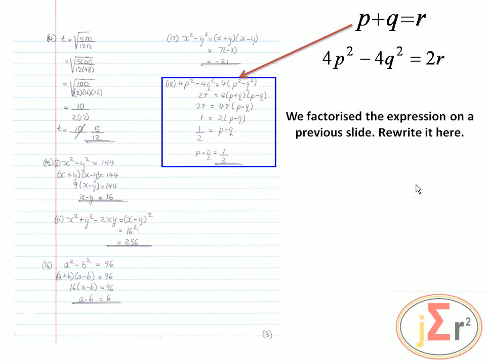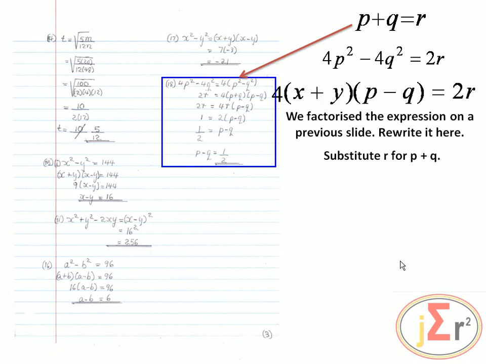We factorize the expression on the previous slide. Rewrite it here. Rewrite the factors. The 4, the p + q, the p - q. All of them will go right there. Then we will substitute r for p + q.